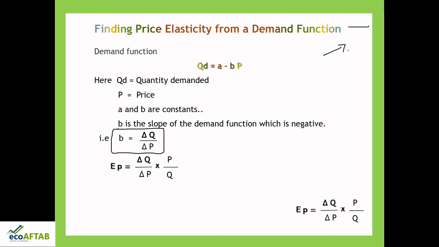now you can see I am bringing these things together. The formula for elasticity is delta Q by delta P into P by Q. On top I am telling B is equal to delta Q by delta P. So, I will replace delta Q by delta P with B. What we get, if you observe the slide, is that elasticity of demand is equal to B into P by Q. Here delta Q by delta P is replaced by B, and the price and quantity ratio is intact.